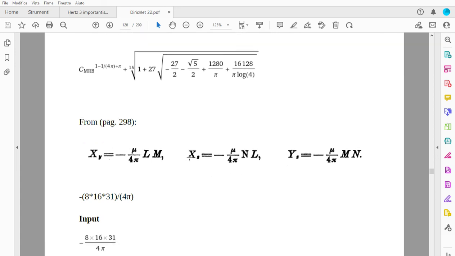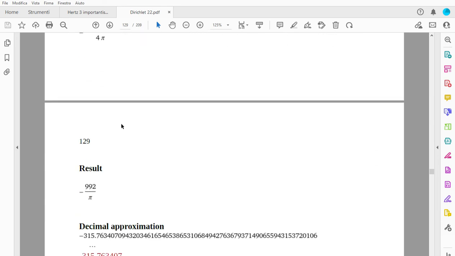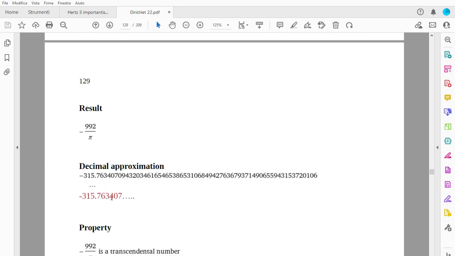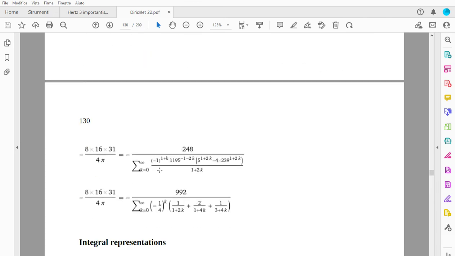Now we have the following three equations that have the following expressions. One, this is the result and the study of the function.